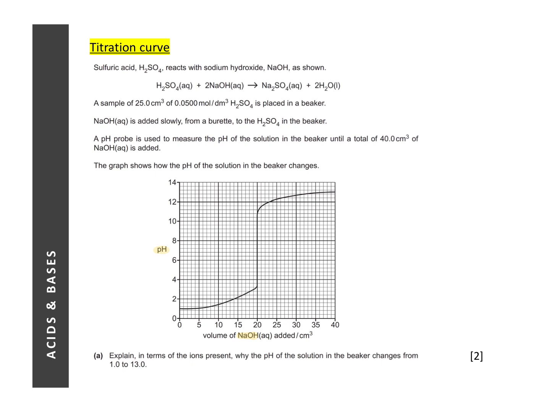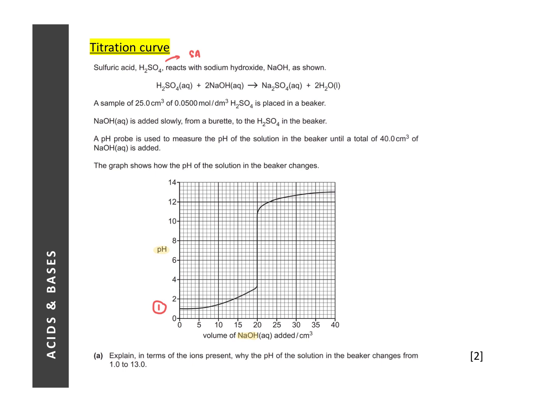Now for a titration curve, there are three important points to take note. The first point is the initial pH. The initial pH would tell us what kind of acid we have in the conical flask. So for example, the pH is very low at about 1, so we know that sulfuric acid is a strong acid.